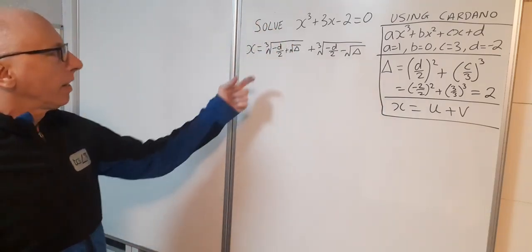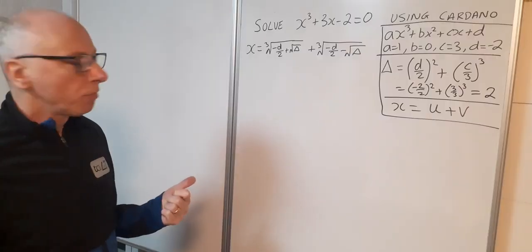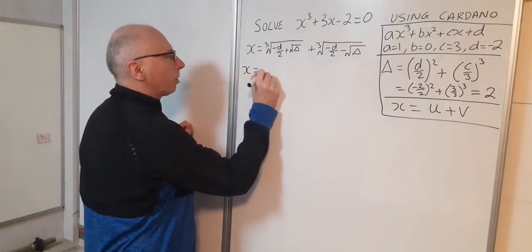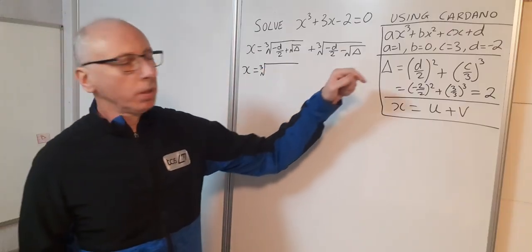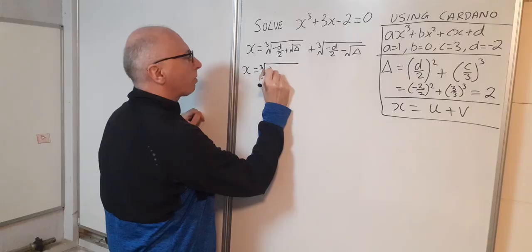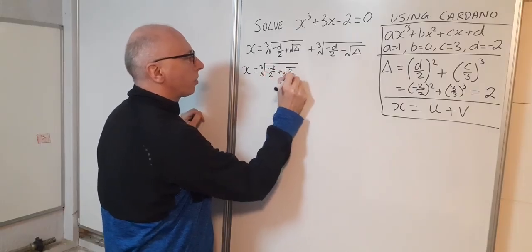Okay, now let's put those values into here and I can find my real solution in exact format. So I've got x equals cube root of minus d over 2. So that's going to be minus 2 times minus 1 over 2. So that's minus 2 over 2 plus square root of 2.